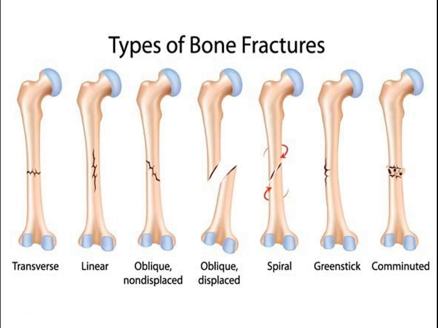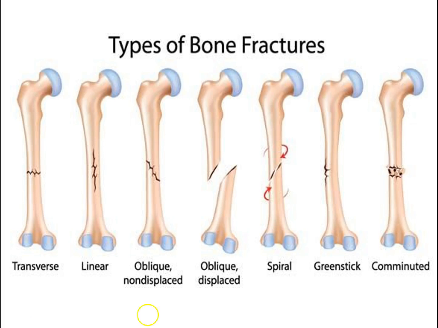Your spiral fractures are an indication of abuse because the bone is actually twisted, which causes the fracture. Your greenstick fracture is not a complete fracture, it's only a part of the bone that is fractured. And then the comminuted fracture, where they actually have fragments of bone inside the fracture.